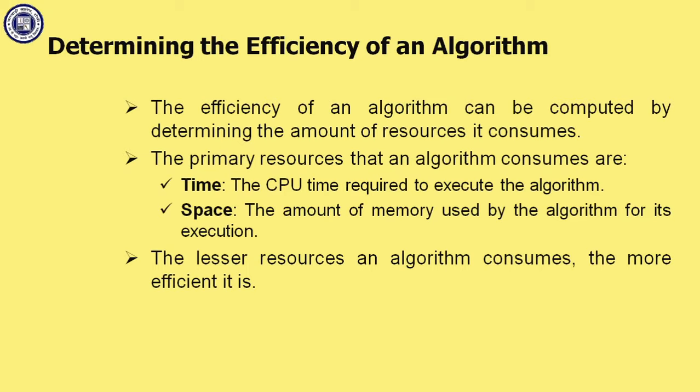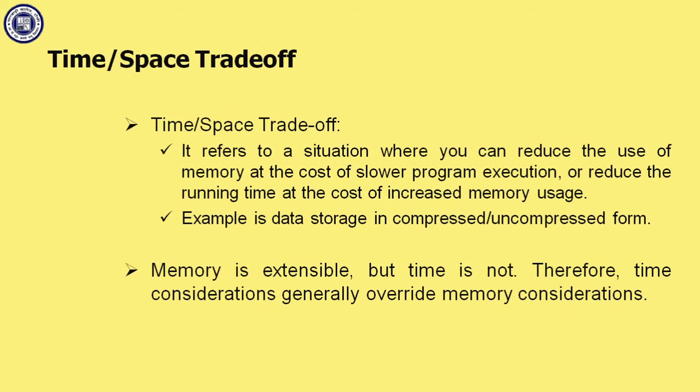The fewer resources an algorithm consumes, the more efficient it is. That is, if an algorithm consumes minimum time as well as a lesser amount of space in memory, then it will be considered the most efficient algorithm. Here we have the time and space complexity, rather we call it the time and space trade-off.